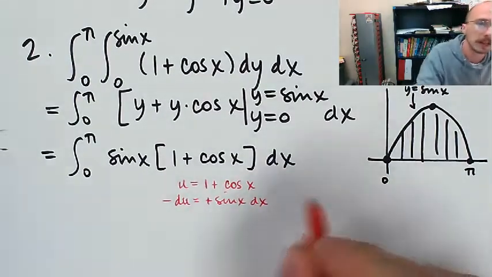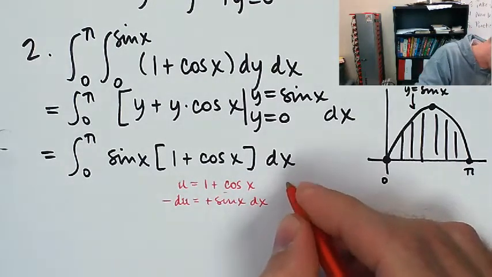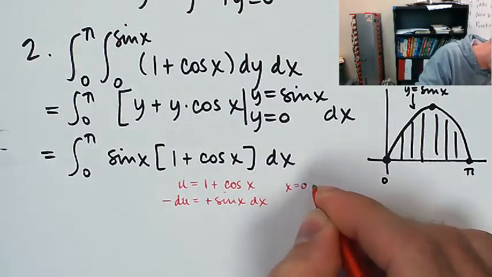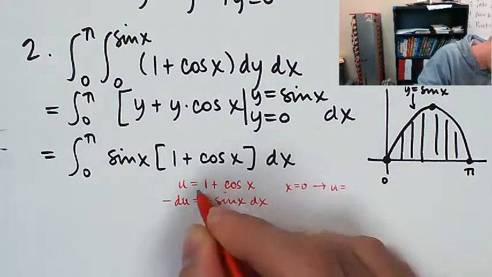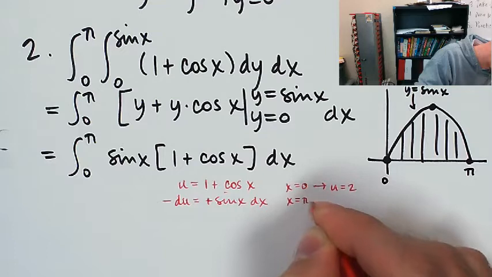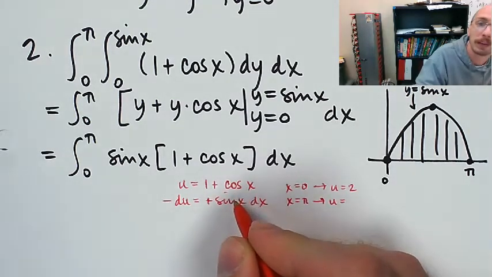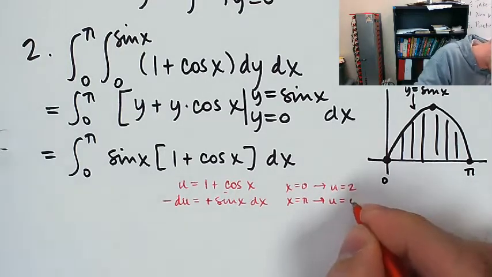Then I need to convert my bounds from 0 to pi to u's. When x is equal to 0, u equals 1 plus cosine of 0, that'll be 2. And when x is equal to pi, u equals 1 plus the cosine of pi, which is negative 1, so 1 minus 1, that's 0.